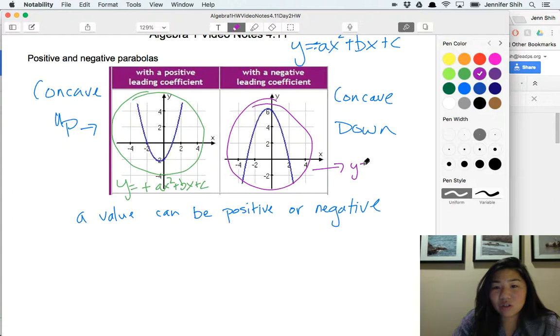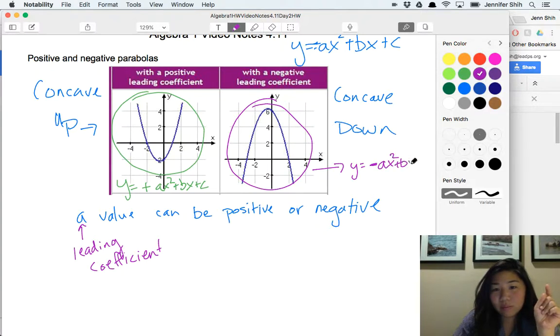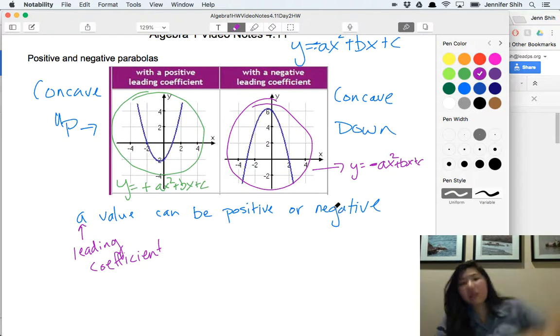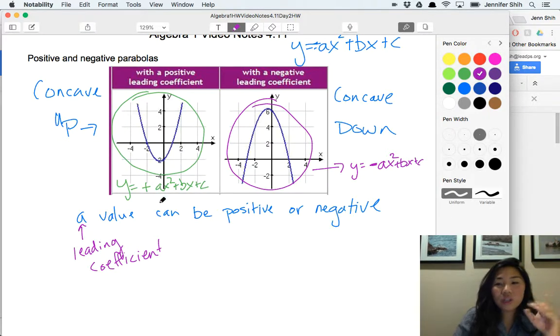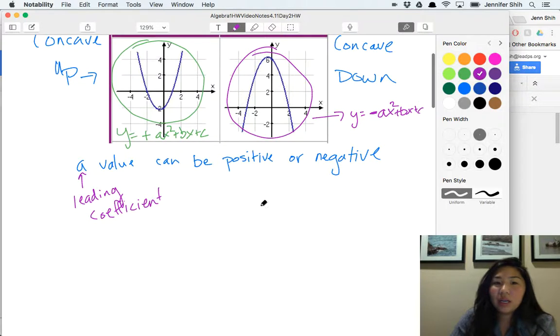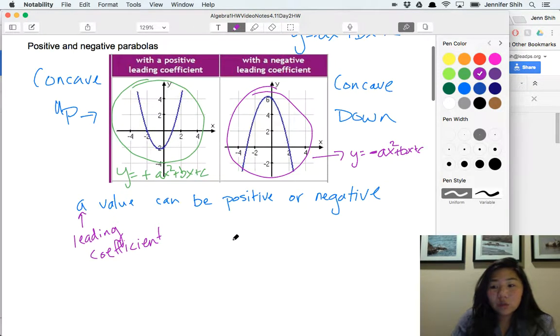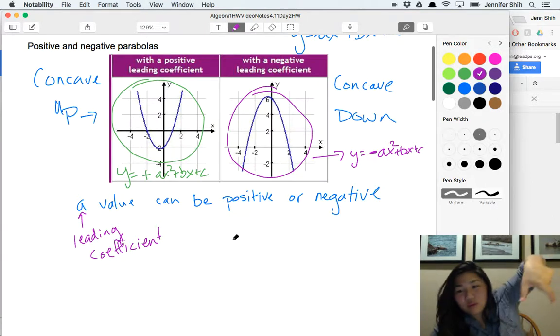The leading coefficient, which is the number A, is negative for the one I circled in purple. The word is coefficient. So it's concave down. So whenever you just see the equation, start imagining a picture. If the leading coefficient is positive, you know it's concave up. If it's negative, you know it's concave down.